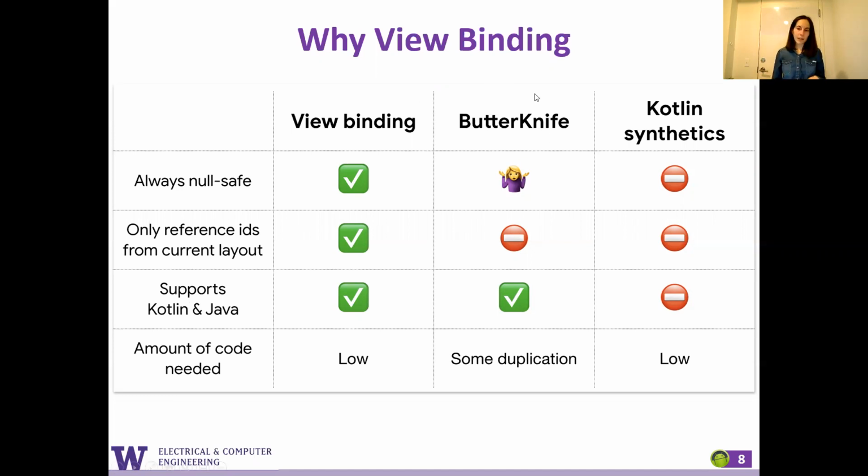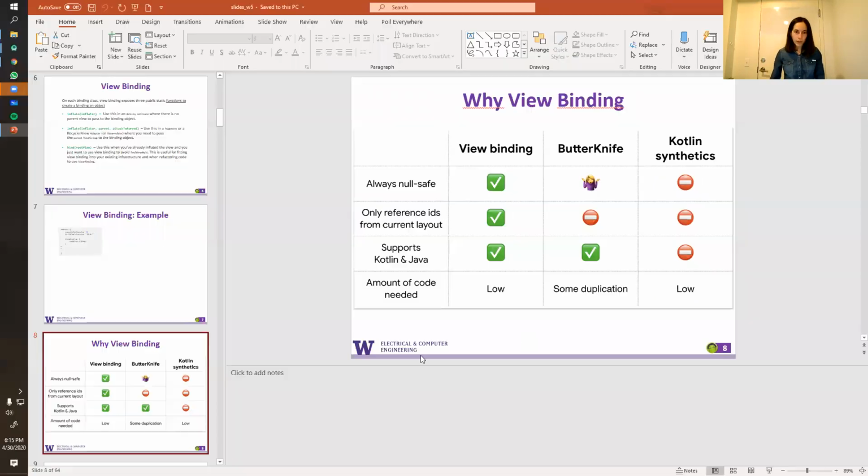And Butterknife is not so much used anymore, so I will not even mention that. The main advantage of using view binding compared to Kotlin synthetics is that it's null safe and supports both Kotlin and Java, and you typically need a similar amount of code.